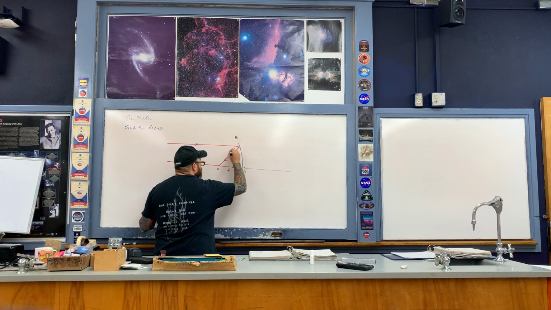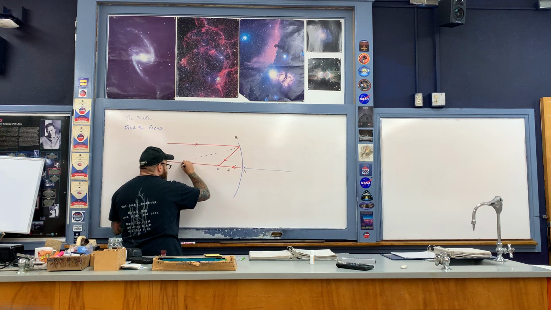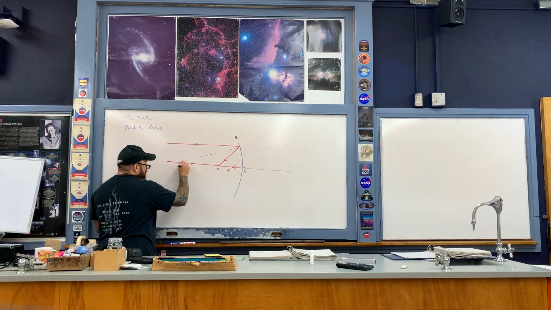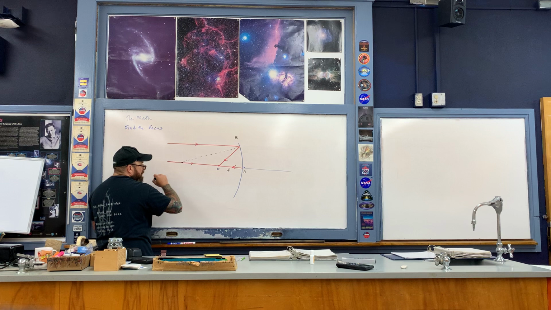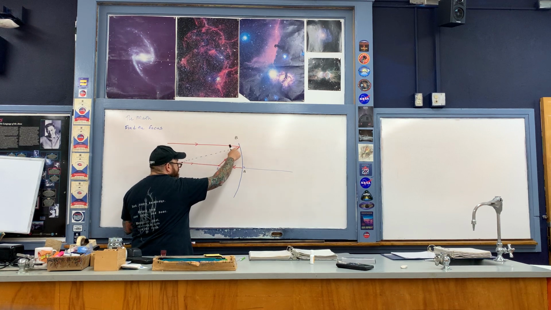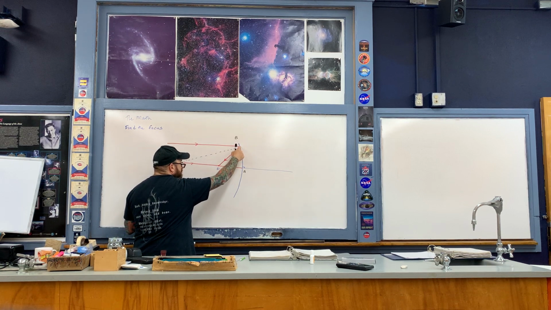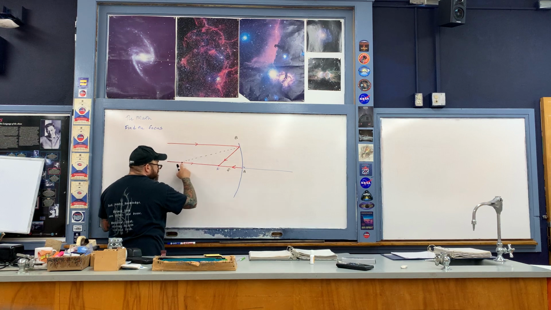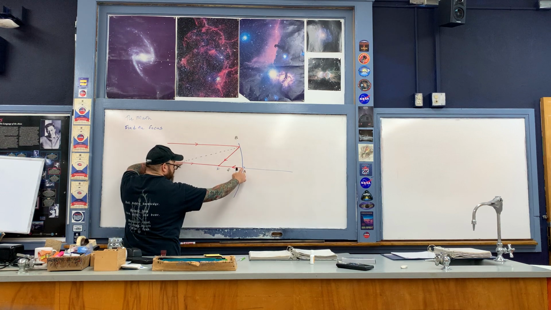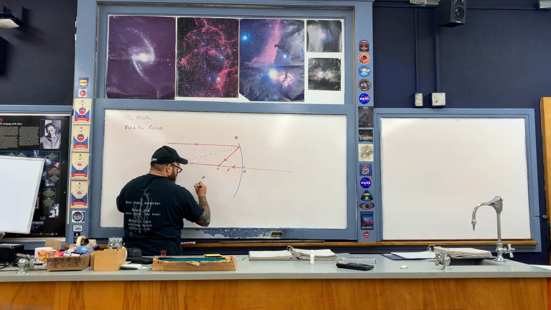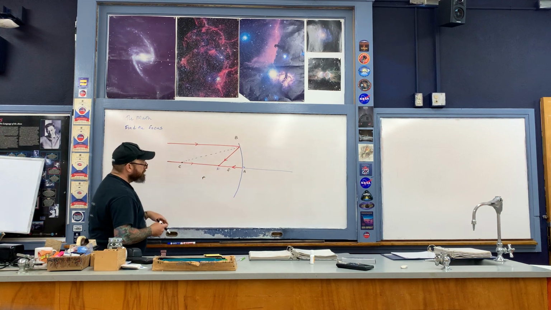I'll extend it back to the optical axis itself, and we end up with this point right here. Because this dotted line is perpendicular to the mirrored surface at this location, this means that this is the center of the sphere. This is referred to as C. This distance therefore is equal to the radius of curvature, which is simply referred to as small r.